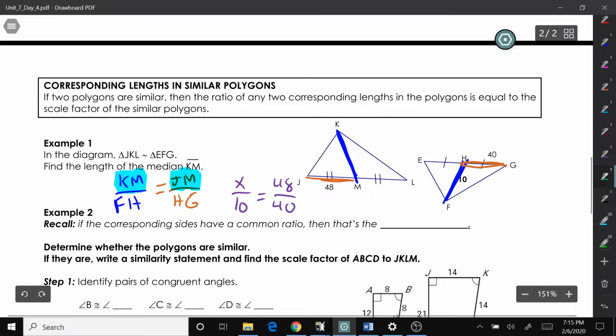We can cross multiply and we get 40x equals 48. And when we divide both sides by 40, we get that x equals 12. So KM equals 12.